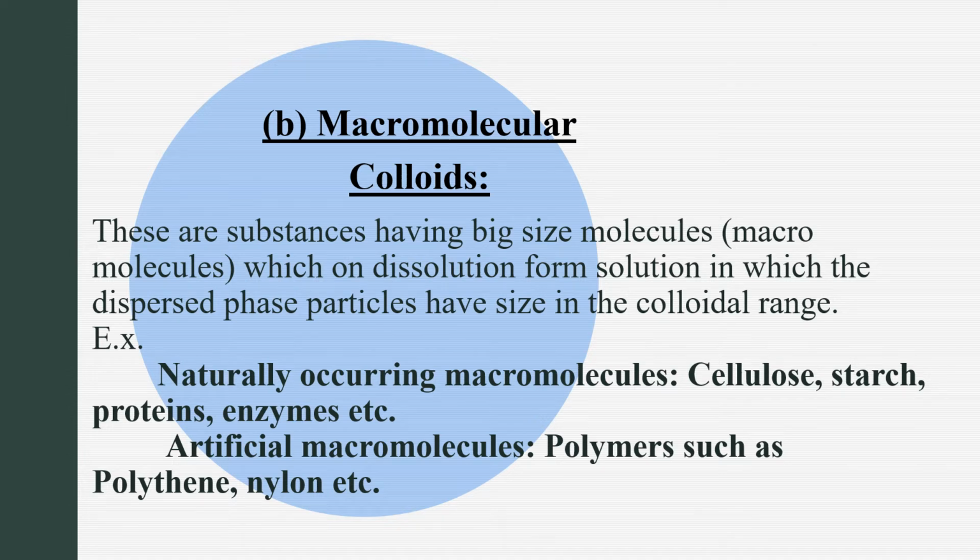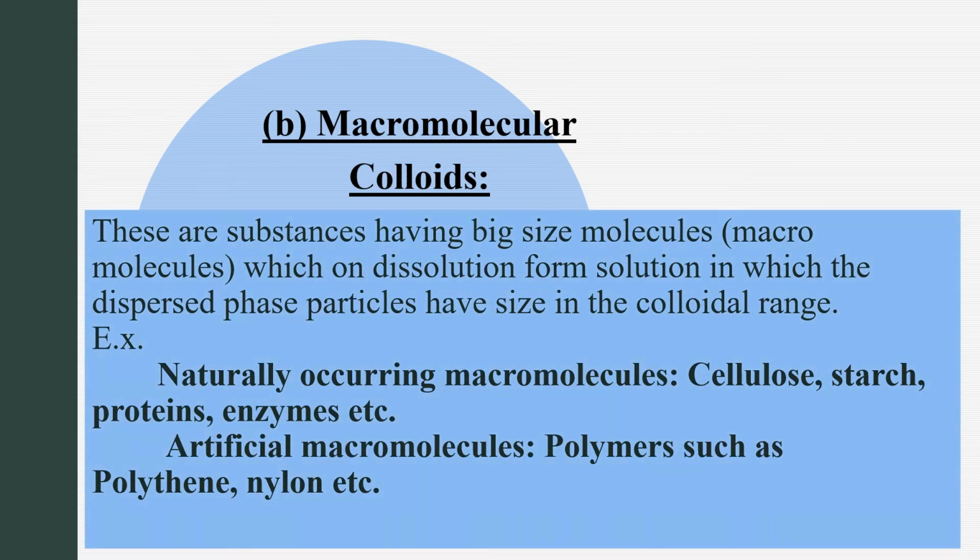Come to macromolecular colloids. These are substances having big size. Macro means big. Macromolecules, which on dissolution form a solution in which the dispersed phase particles have size in the colloidal range. When they form a bigger particle and that particle size is in between the colloidal range, it means in between 1 to 1000 nanometer.